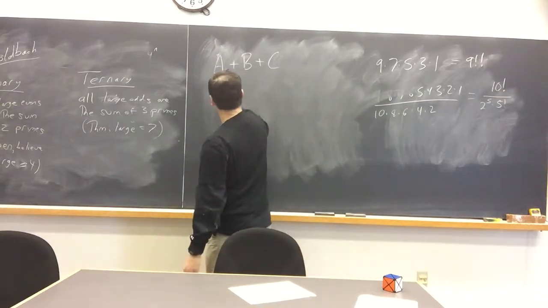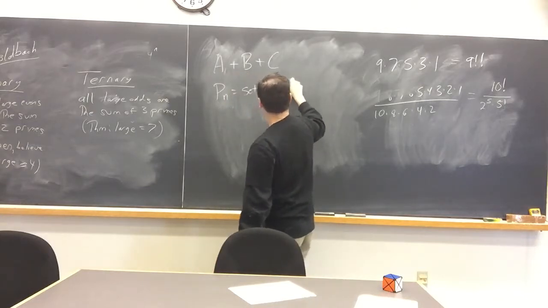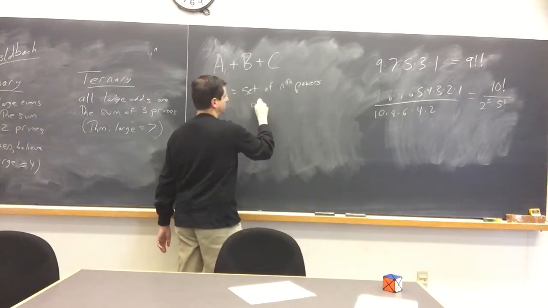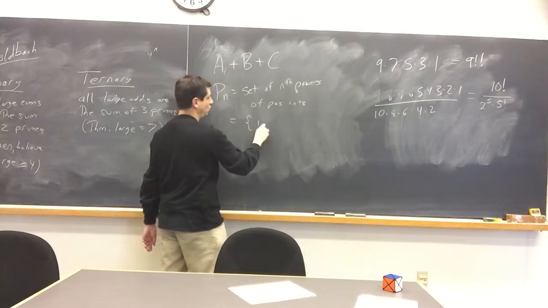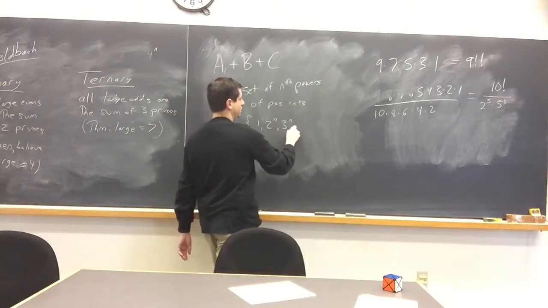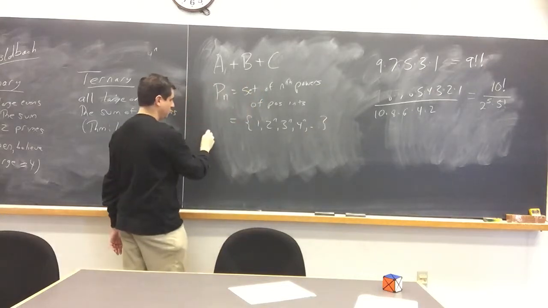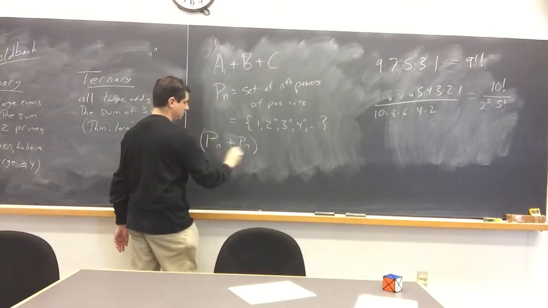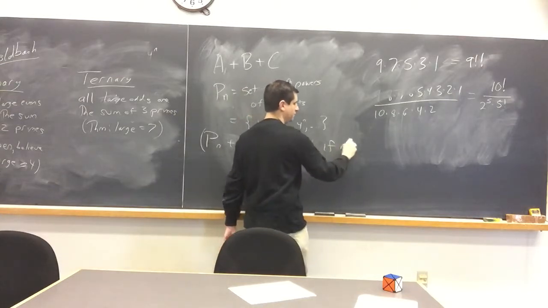Let's let Pn be the set of nth powers of positive integers. So this would be 1, 2 to the n, 3 to the n, 4 to the n, etc. Pn plus Pn intersect Pn is empty if n is greater than or equal to 3.